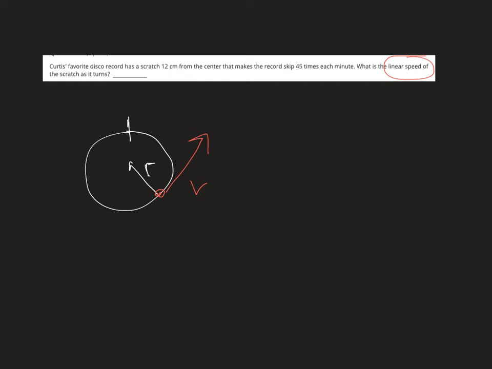Remember, period is the time it takes to go the entire circumference, 2 pi r, okay? How long does it take to make one entire circle?